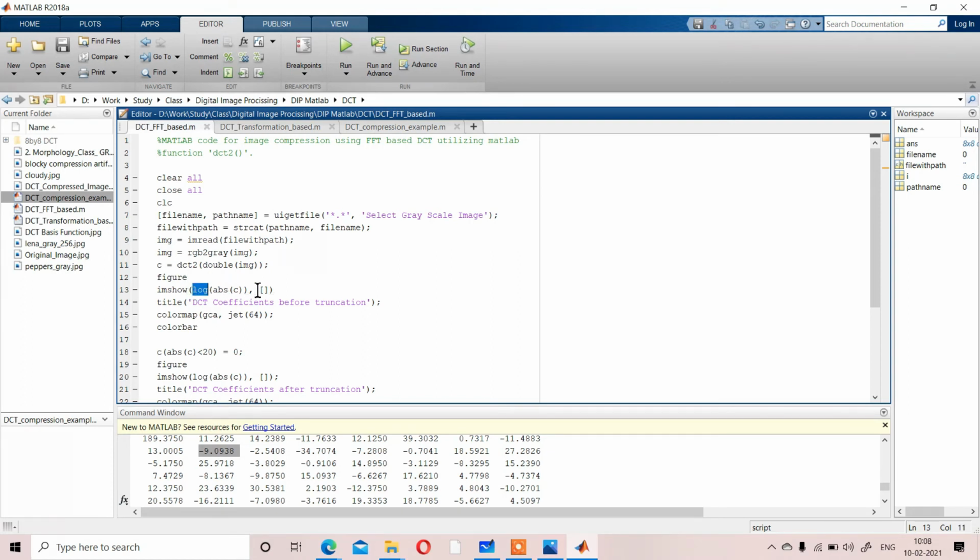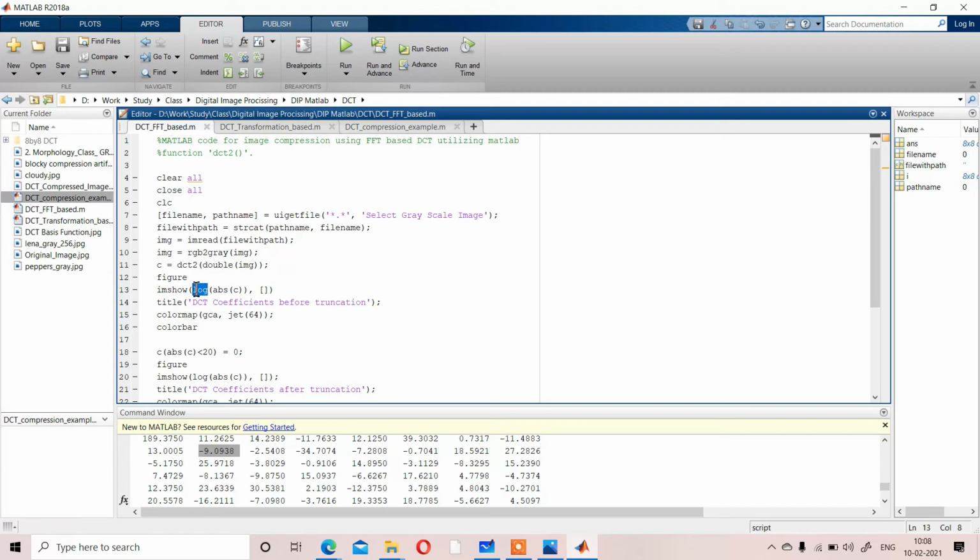As it is in the frequency response format, whenever you display the discrete cosine transform image, you have to use the log. If you don't use log, it will show a completely black screen. So whenever you try to show the coefficients of the discrete cosine transform or discrete frequency transform or any transform, you must use the log.